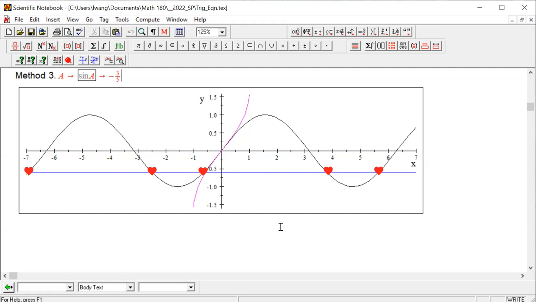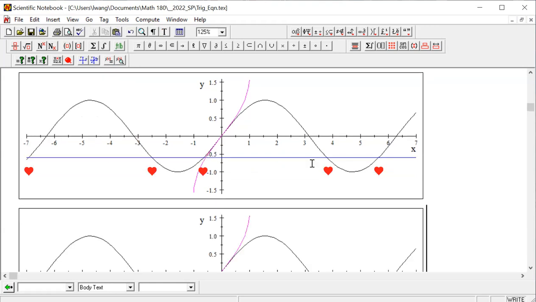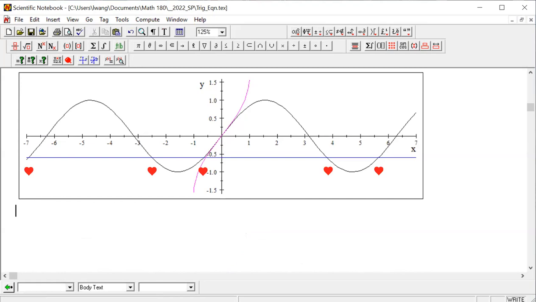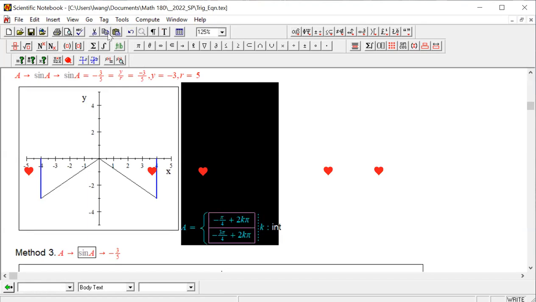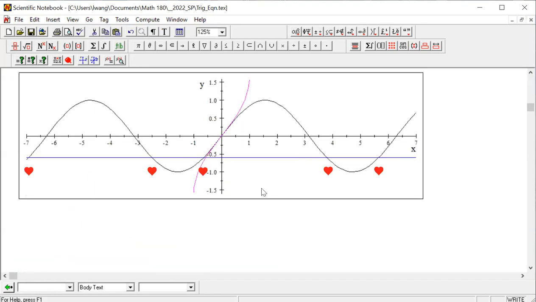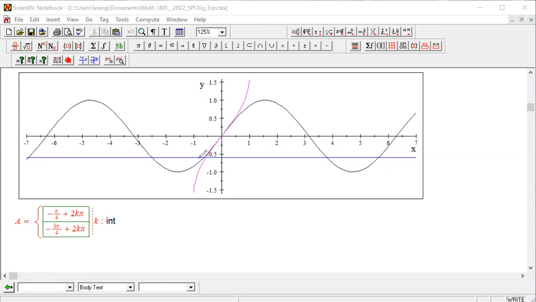Yes. All right. So, in the end, our solutions, whoops, why do I do that? Our solutions, the same solution. And on this picture, you can see all of these points being marked.